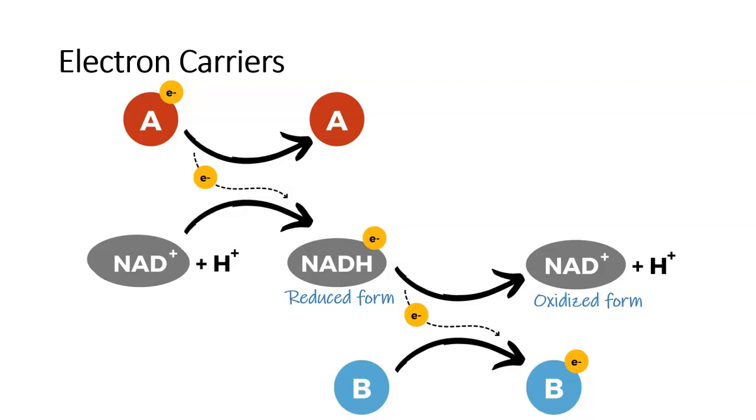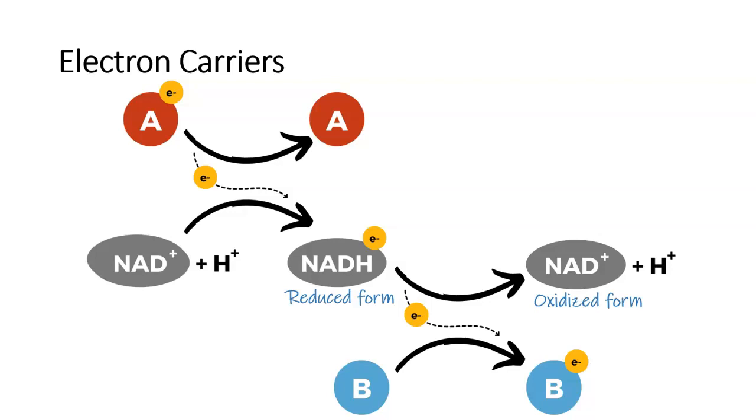Now, I like to think of our electron carriers kind of like dump trucks, right? A dump truck simply carries loads from one place to another, like a construction site or something like that. And what happens if the dump trucks all get filled up, right? Then construction can't continue. That's the same thing with our redox reactions that happen within our cells.